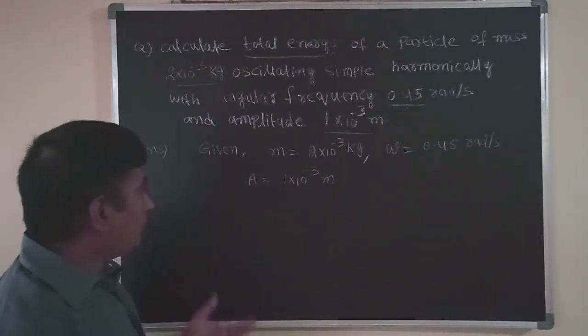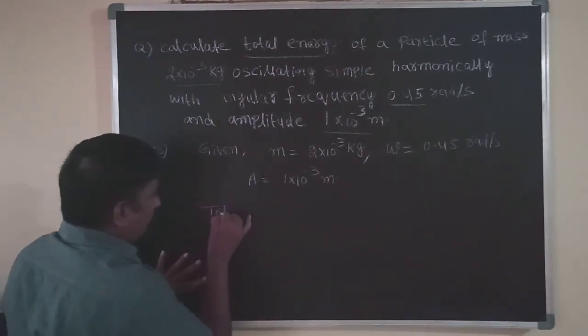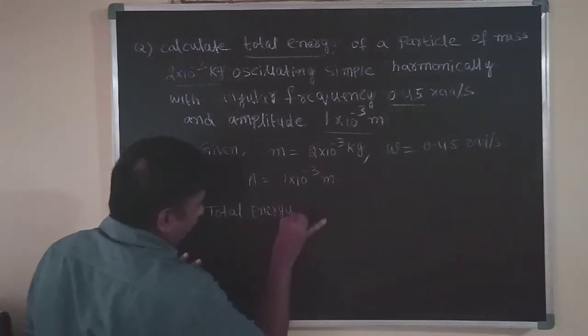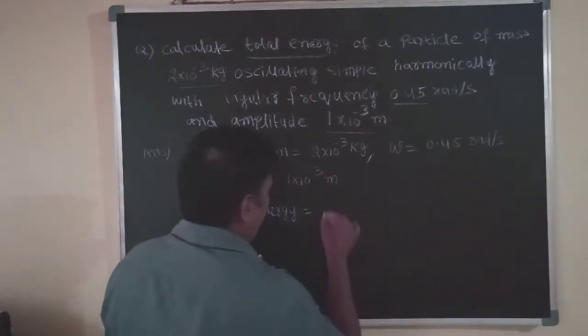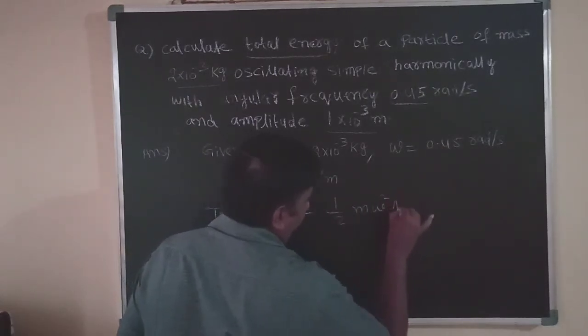If you remember, the total energy formula is: total energy equals half m omega square A square.